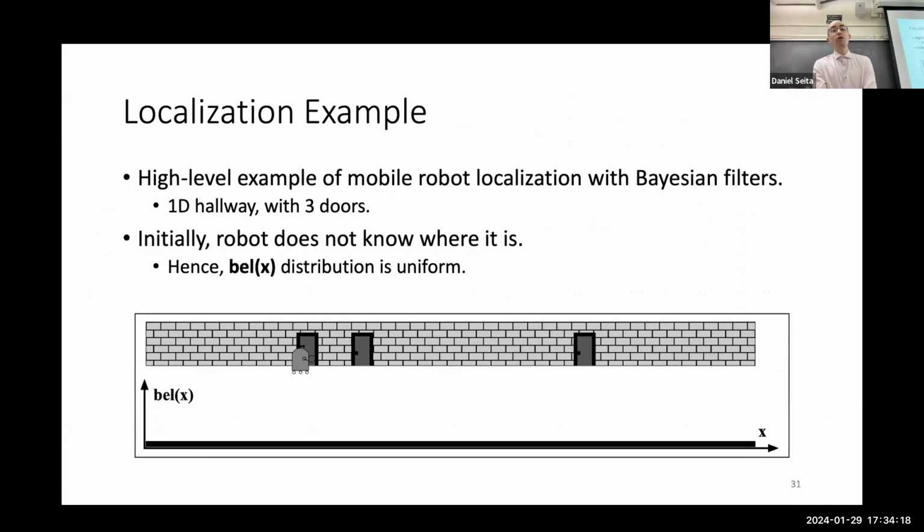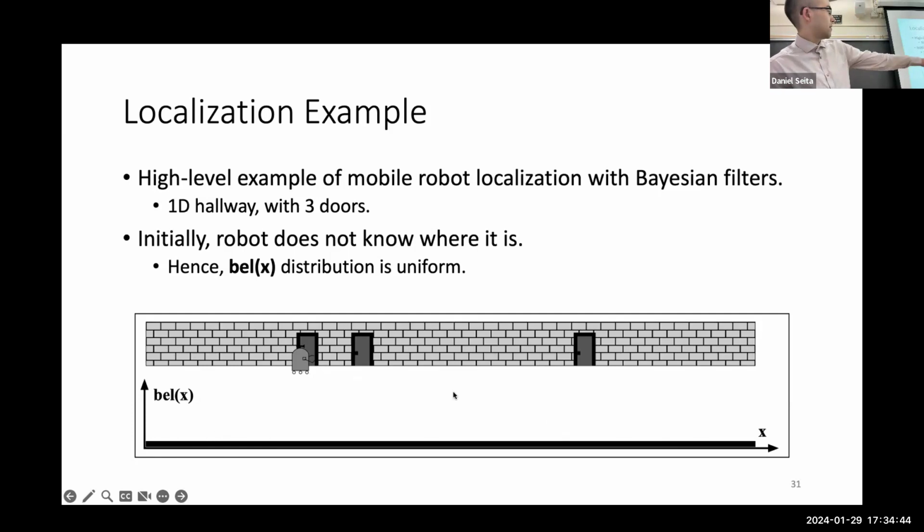All right, so localization. Again, we're not going to plug in numbers. We just want to give you some high level intuition here. So we have a mobile robot in a 1D hallway with 3 doors. Let's imagine that the state could be anywhere on this line.